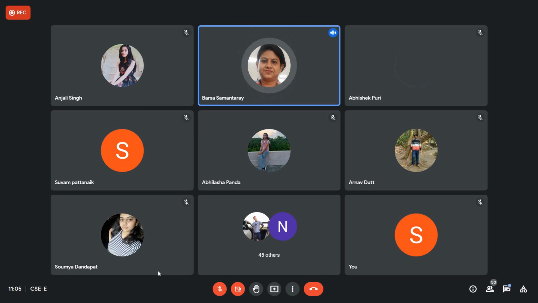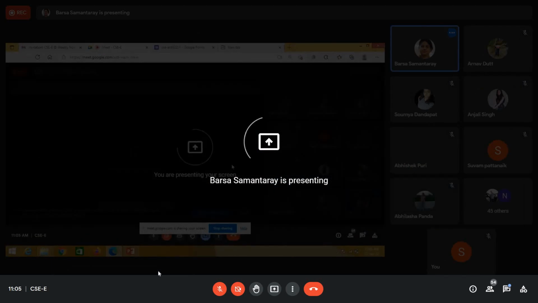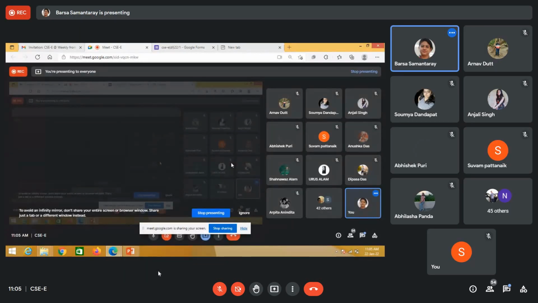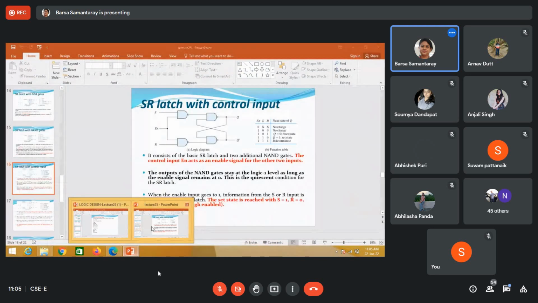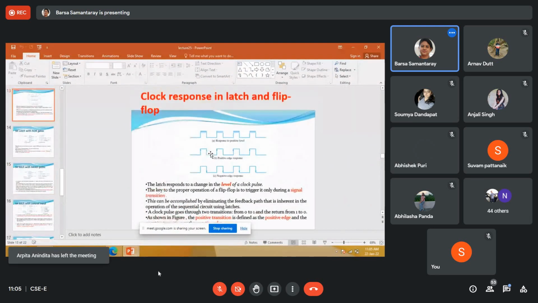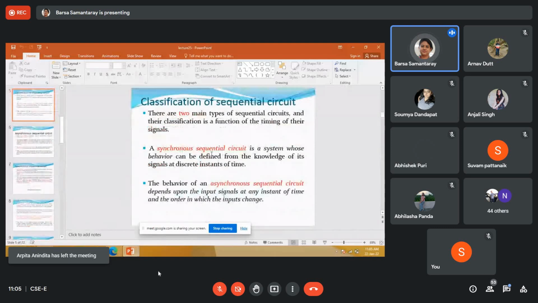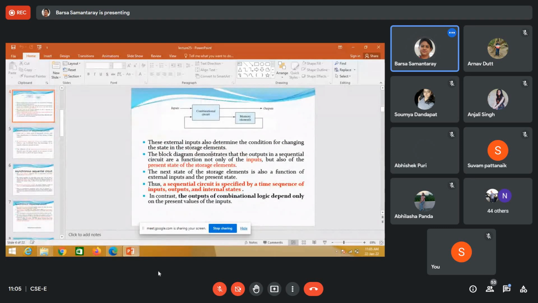Okay, so today I will start the class. Have you remembered this sequential circuit? First tell me whether you have remembered all this, then I will start from that.